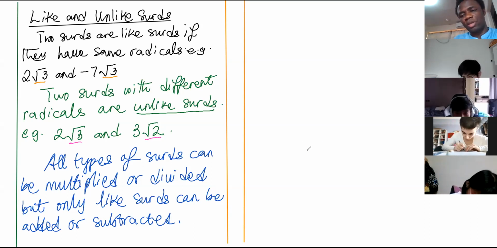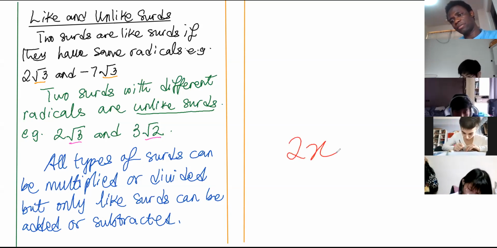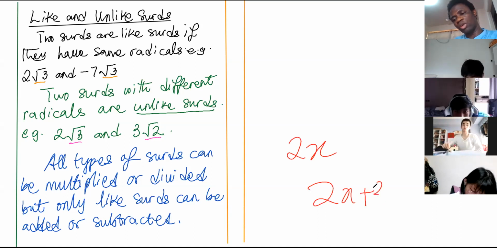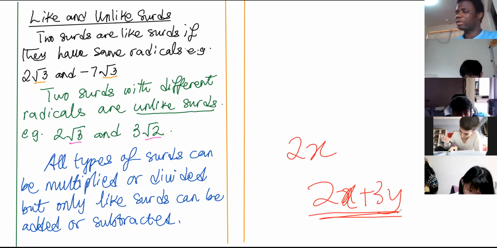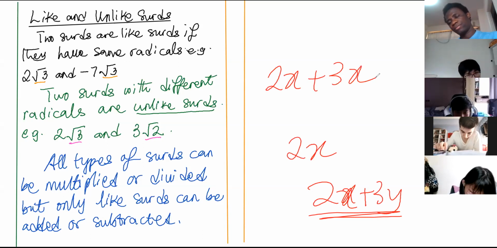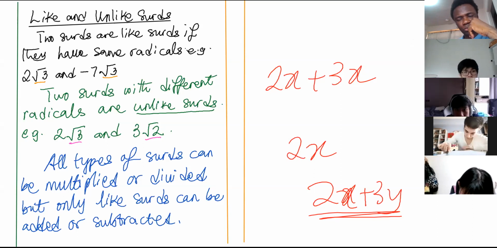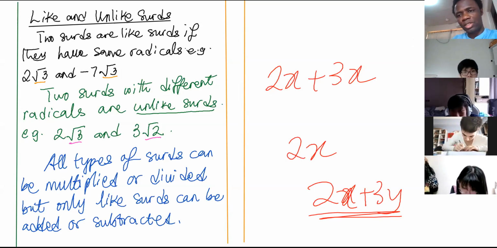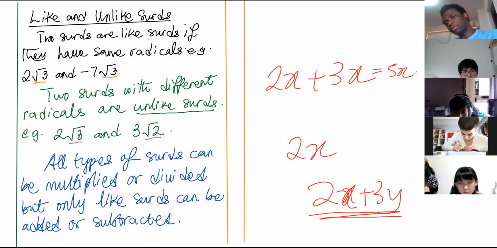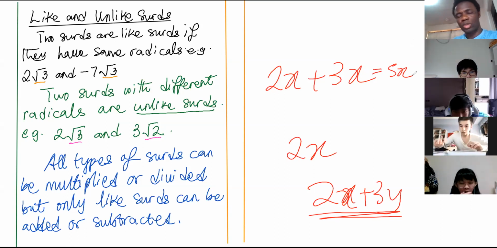Monomial, remember 2x is a monomial algebraic expression, right? And 2x plus 3y is what? What do we call this? Binomial. So is 2x plus 3x a binomial? No. Why not, Justin? It only has one unknown, one variable. So this is just 5x, which is still a monomial. Got it? Good.